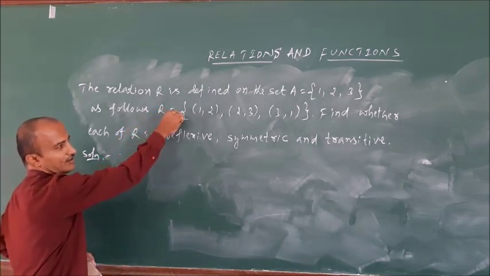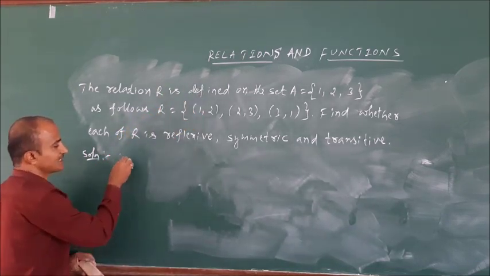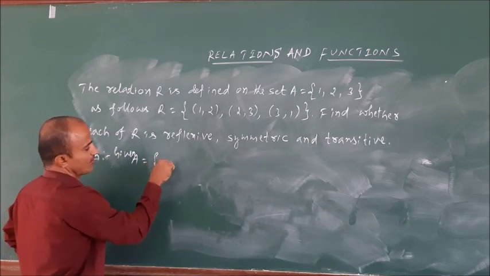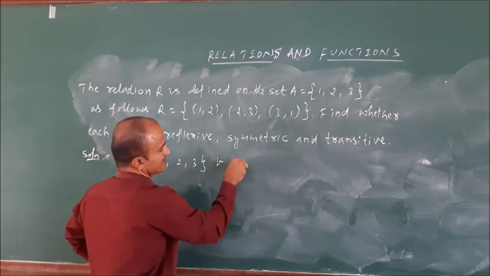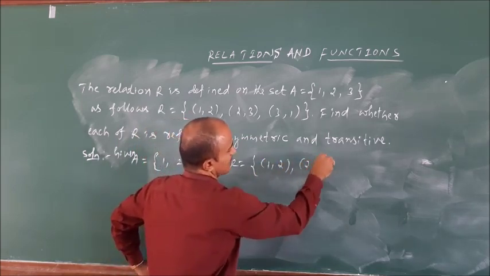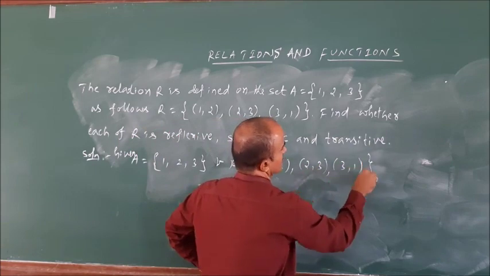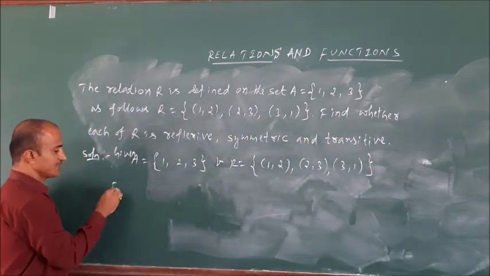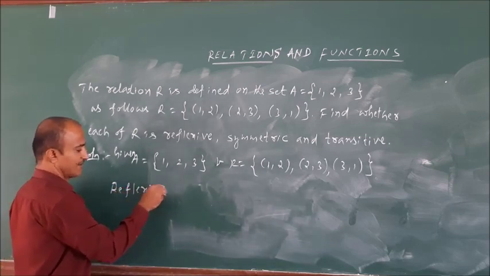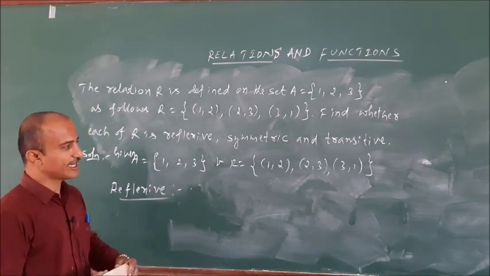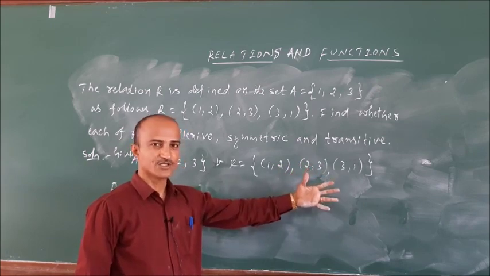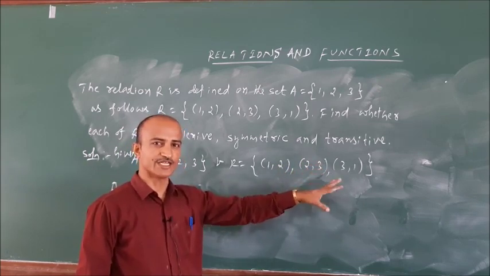Here they have given R, meaning a relation is already defined on a set A, where A is {1, 2, 3} and R is the set of all ordered pairs (1, 2), (2, 3), (3, 1). Now first we shall examine whether R is reflexive or not. See, look at the elements of R. Do we have any elements like (1, 1), (2, 2), (3, 3)? We do not find any such elements in R.